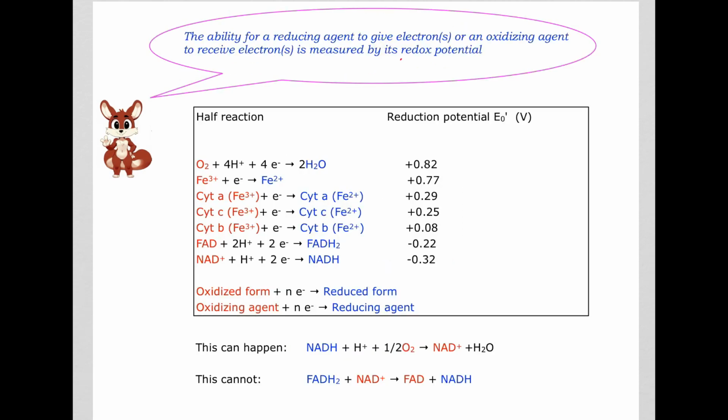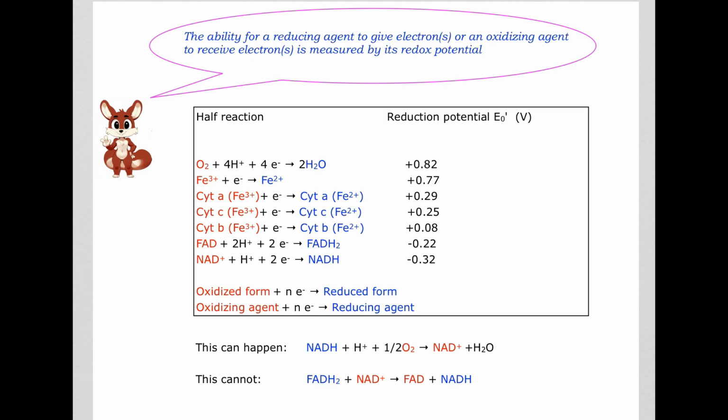So here is what redox potential or reduction potential is. Reduction potential is basically a measure of the ability for a reducing agent to give up one or more electrons, or for an oxidizing agent to receive one or more electrons in a redox reaction.